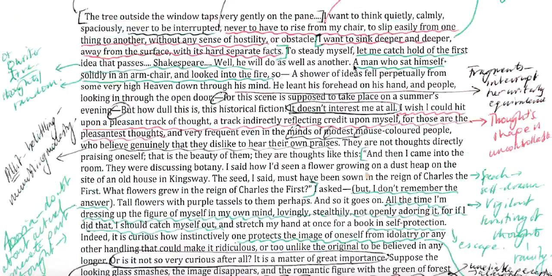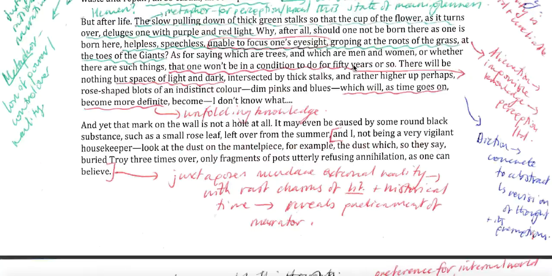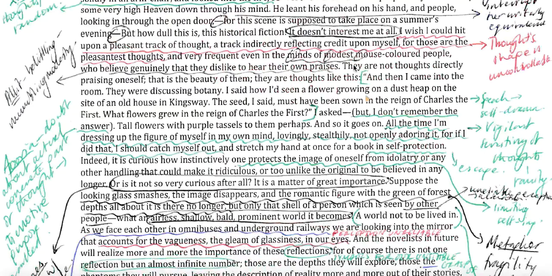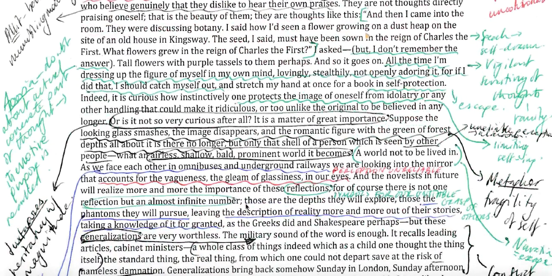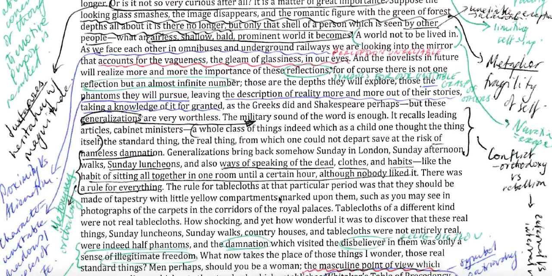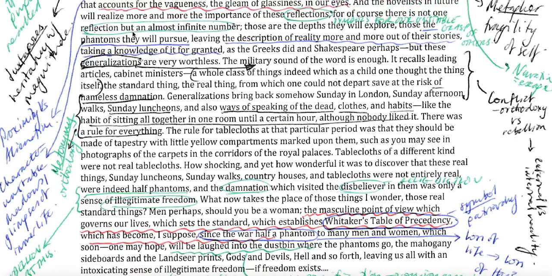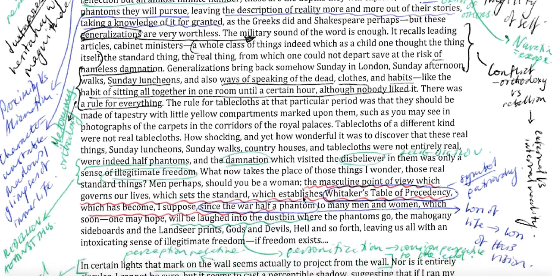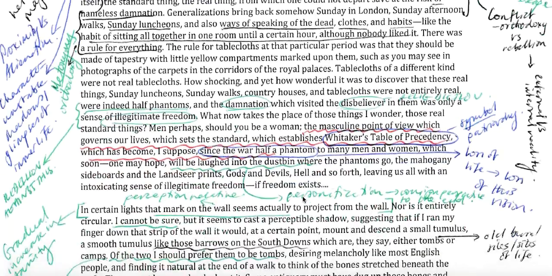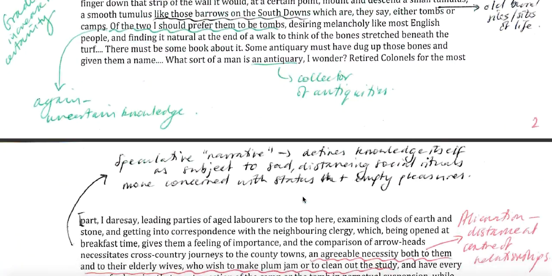It is those people like the word generalization that seemed to, earlier on in the story, be associated with Whitaker's table of precedency, which has begun that whole foray of the mind through that word generalizations, and the word general, again, has that military context. We can tell again that the war is looming here as a subtext.